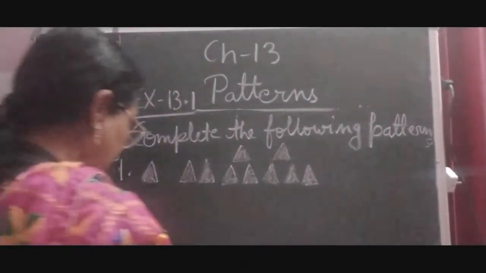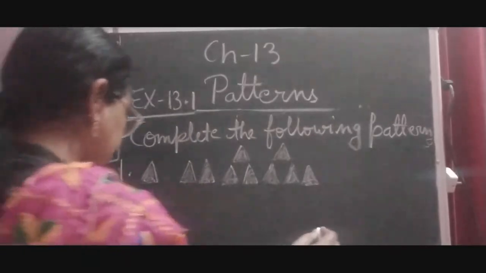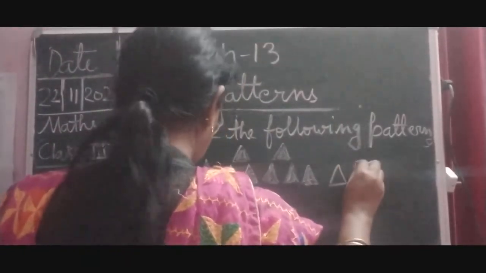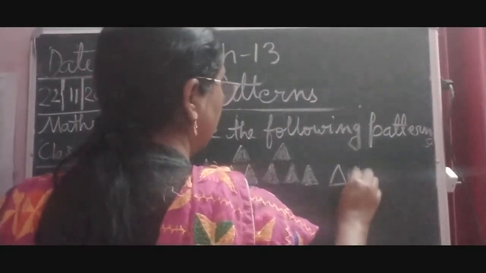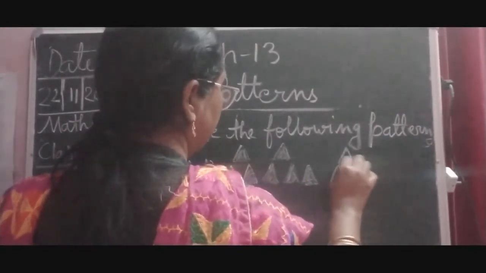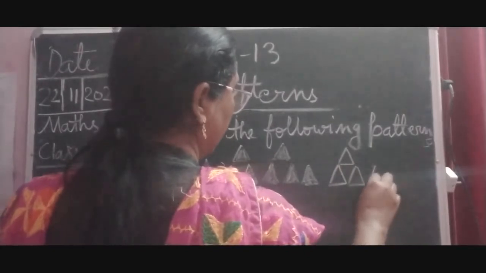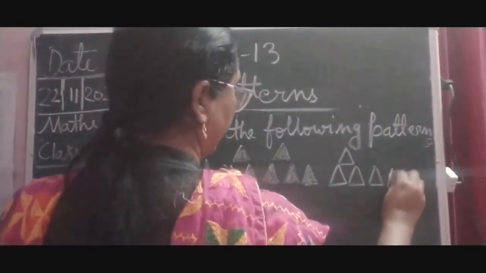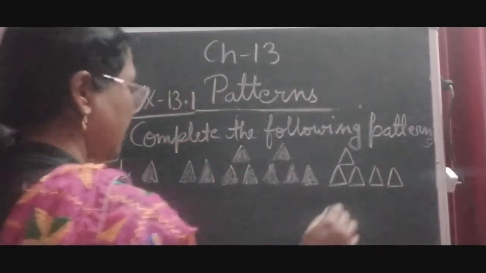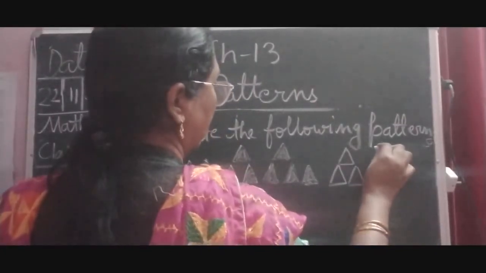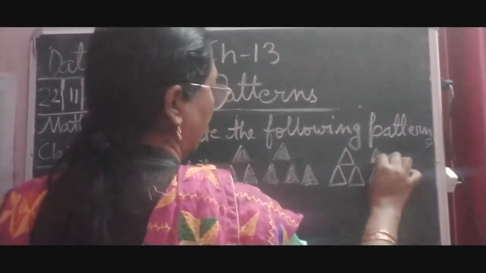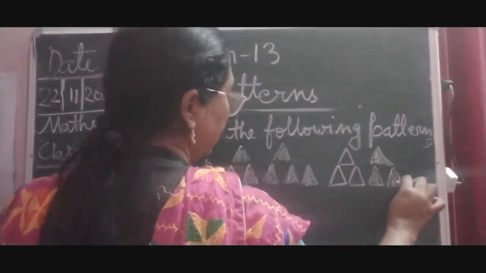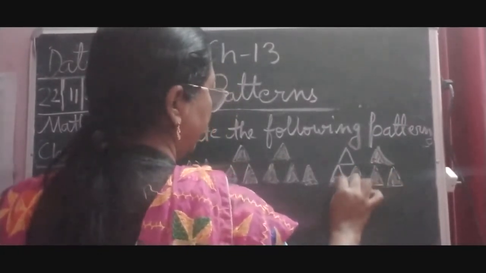And in the next pattern you must have seen in your book there is a set of triangles. They are all in the similar shapes, shaded.